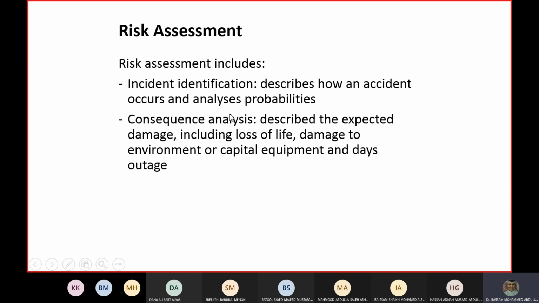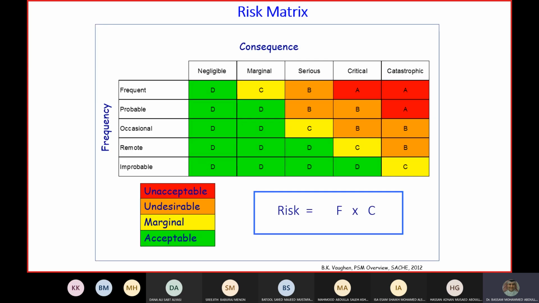Last time we went through risk assessment, and I'm going to be quick because we already covered these things. We mentioned that the risk analysis is done by multiplying the frequency with the consequence. If you have something that happens many times, you need to keep an eye on it, right?